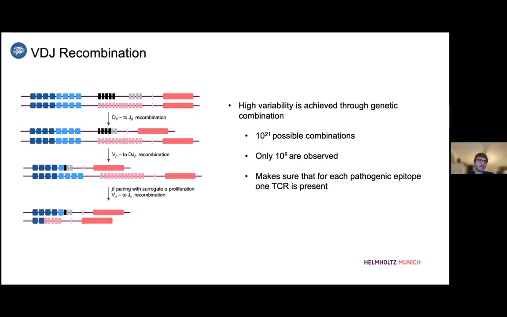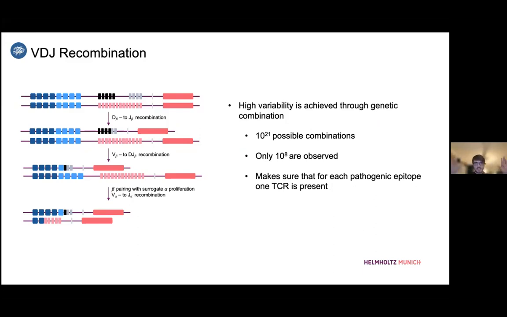So this is also done on the other side. The alpha chain is recombined similarly. However, here we don't have a D segment. And together, through these recombinations, we can hypothetically create 10 to the 21 possible T-cell receptors.